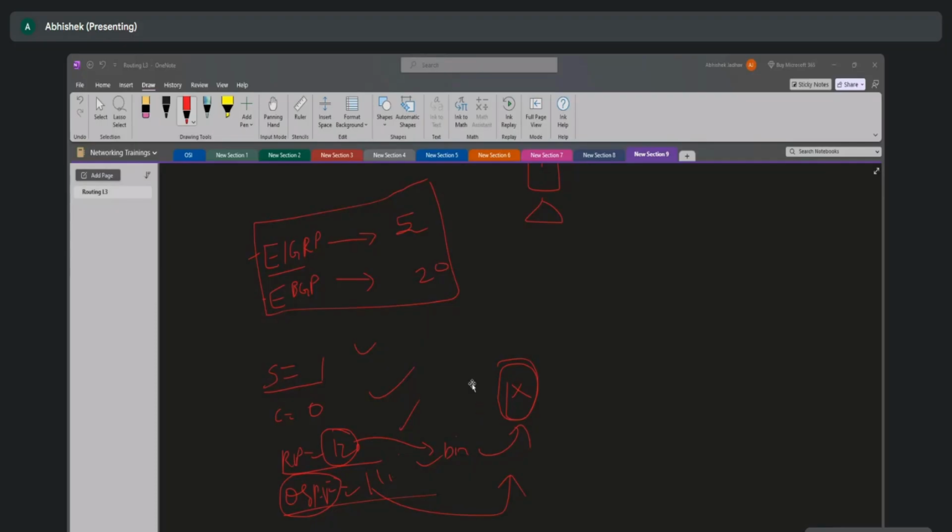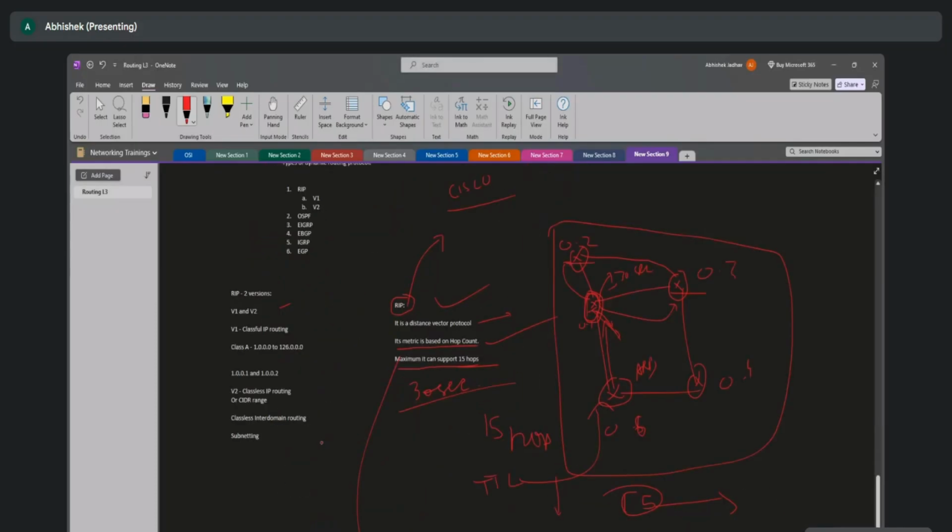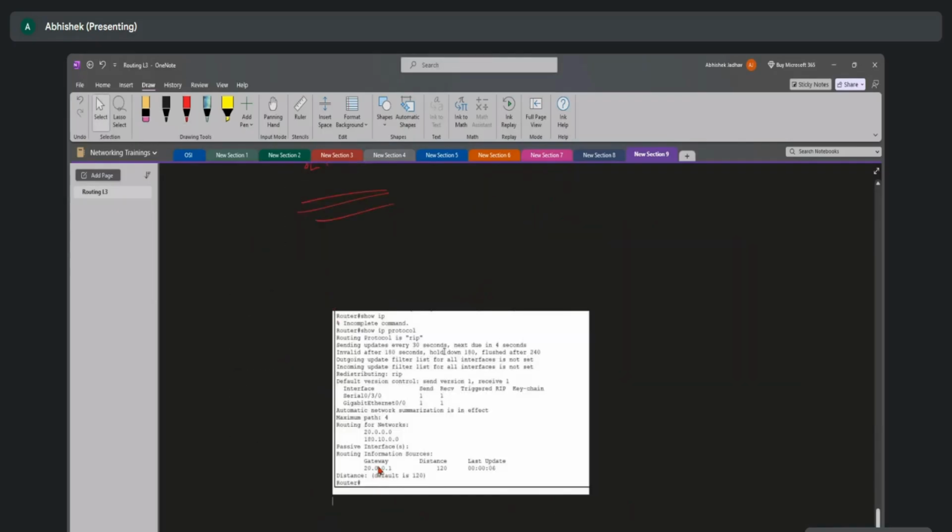Okay, let me take this image. This is something that I had configured earlier, but I don't have the lab now. Let me just open this up, just a minute.